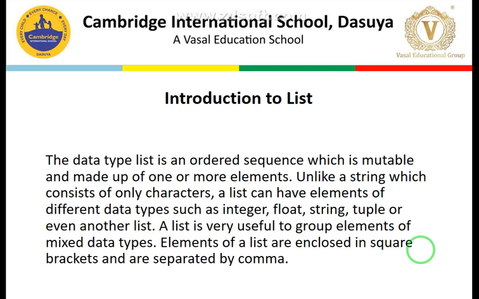Elements in a list are enclosed in square brackets and separated by commas. So we can identify whether this data type is a dictionary, a list or a tuple. By looking at the square brackets, we can straightforward say that this is the use of a list.